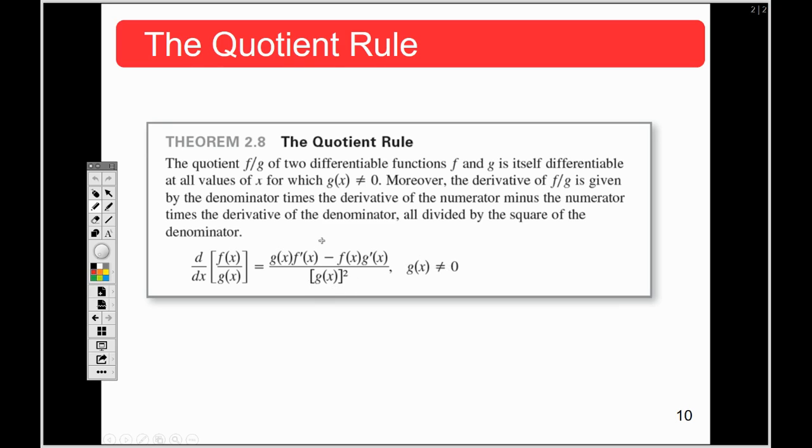Because it's a difference, it's really important that we get the order of these right, and we have to be careful that we're not switching the terms, right? So it's the bottom times the derivative of the top minus the top times the derivative of the bottom all over the denominator squared.